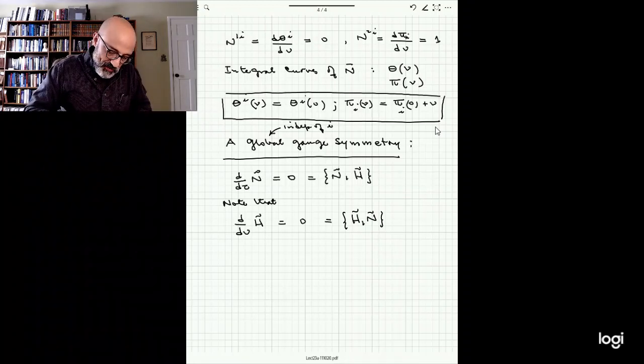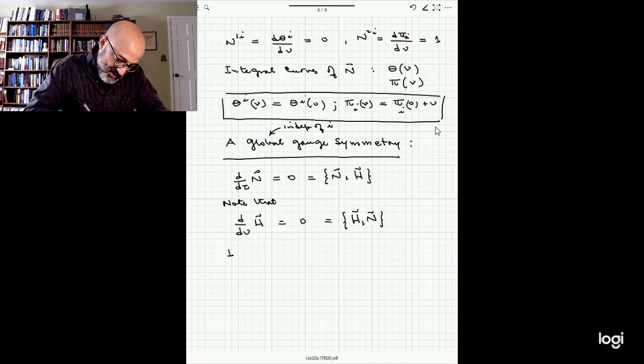So what is the gauge symmetry? The gauge symmetry is the following.